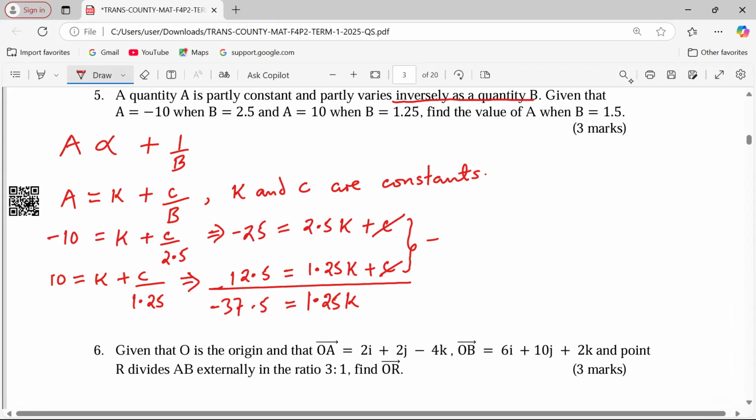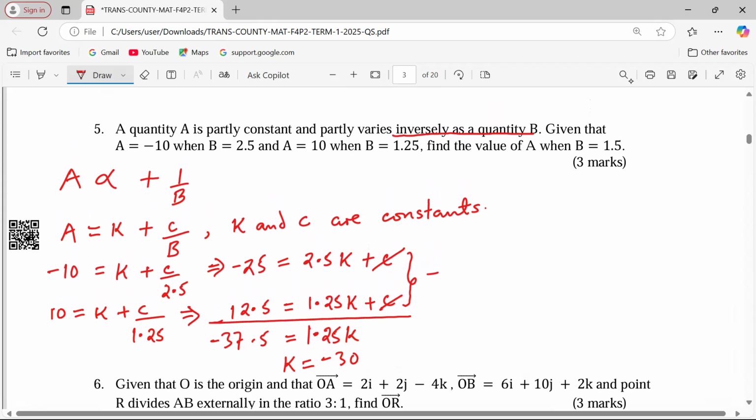So that the value of K will be, when we divide through by 1.25, I'm getting -30. So the value of K is -30. If the value of K is -30, then we can easily get the value of C by going to one of the equations.